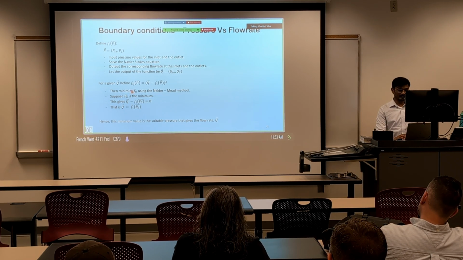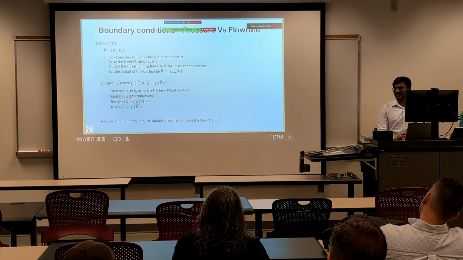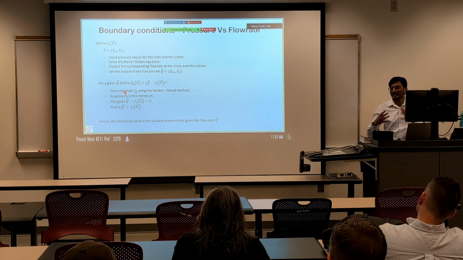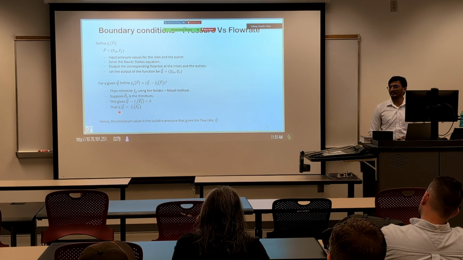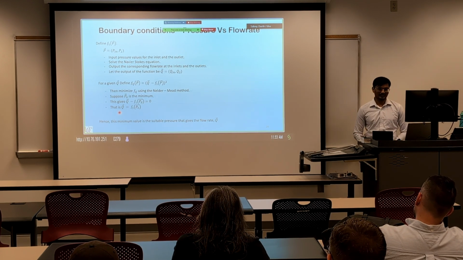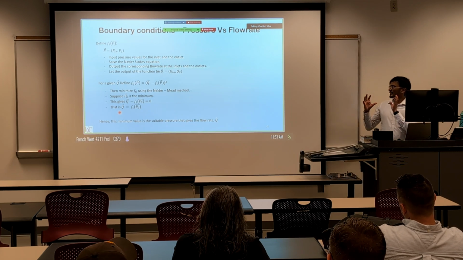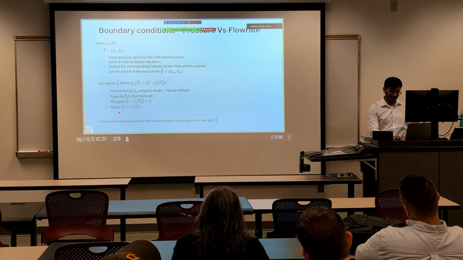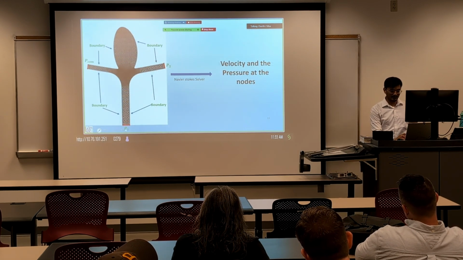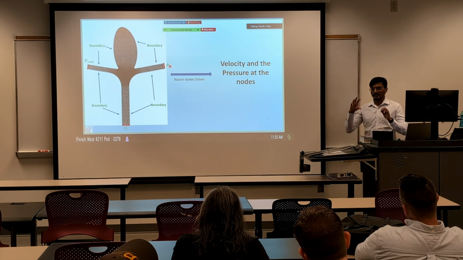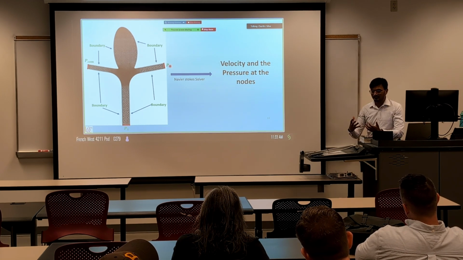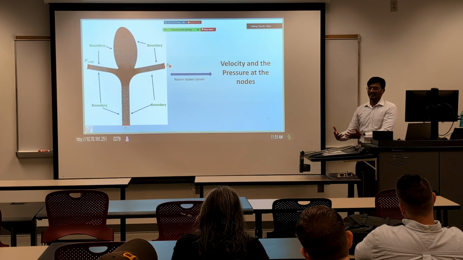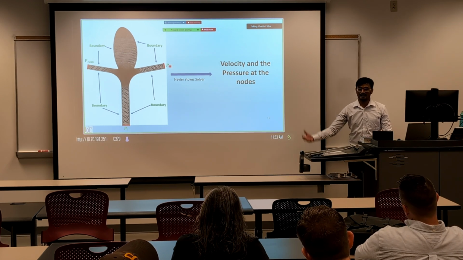In other words, for the given flow rate, we define the function and we were able to figure out a new value for P, so that it gives the flow rate value we started with. So in a way, we were able to figure out a suitable pressure value for these boundary conditions, so that when you use those pressure values and solve, the answer will give the flow rate value you want to have.